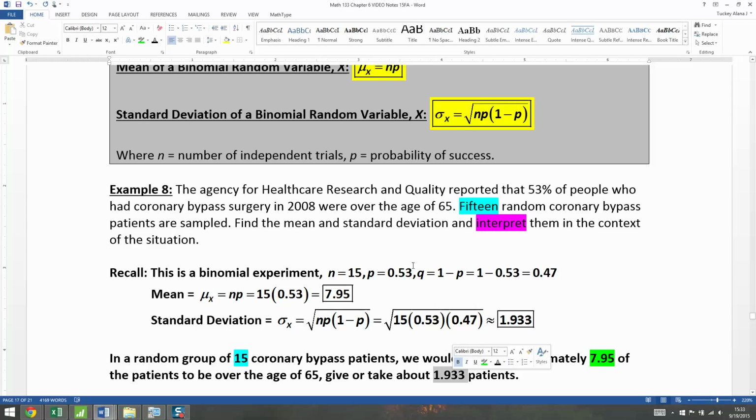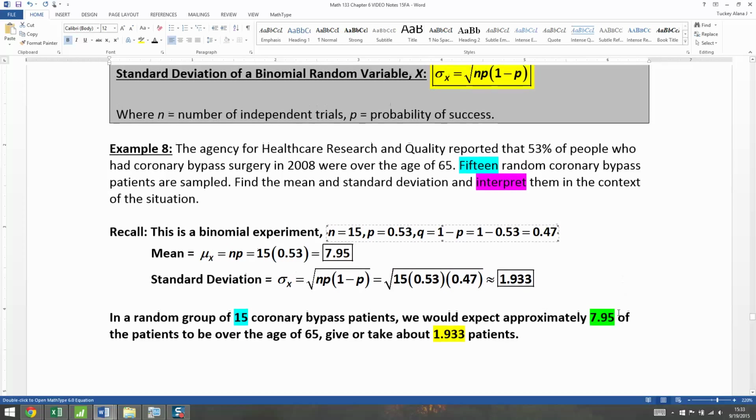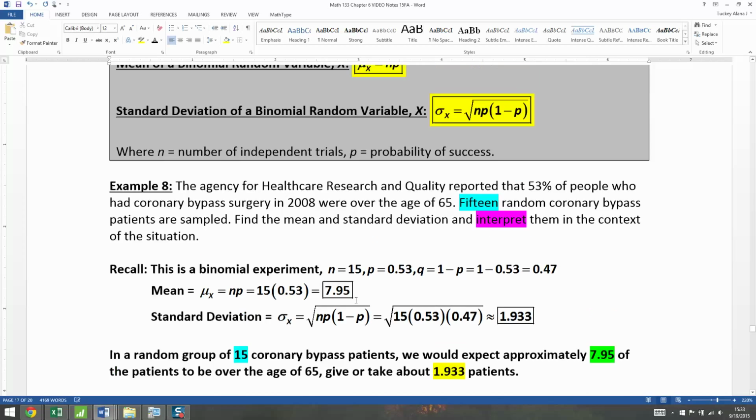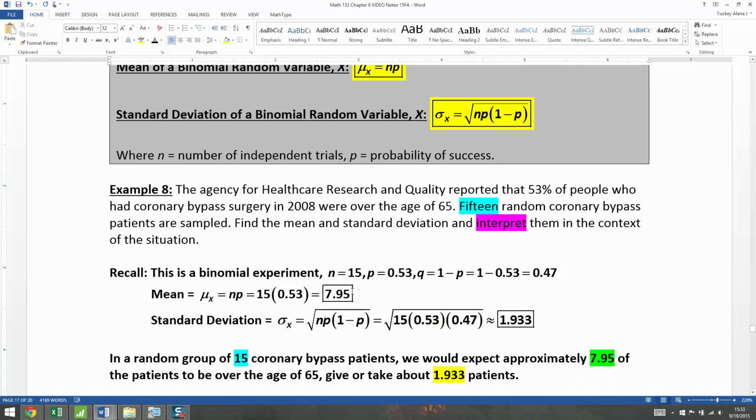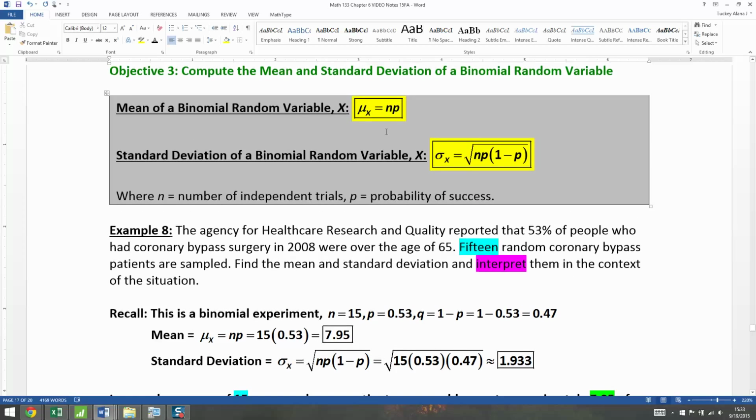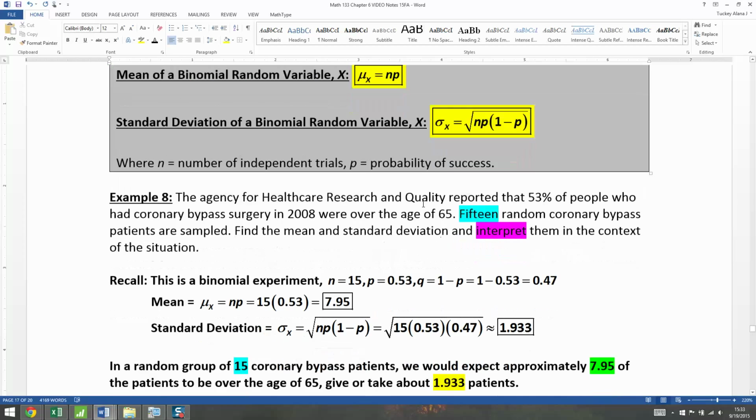And then you have to talk about it in terms of the context. So be very cautious. You have to make sure that you have all three parts in there: n, the mean, and the standard deviation. But all in all, it's not even hard to find, right? We didn't even have to do stat edit or anything. Just typing into a simple formula, or two simple formulas, I should say.